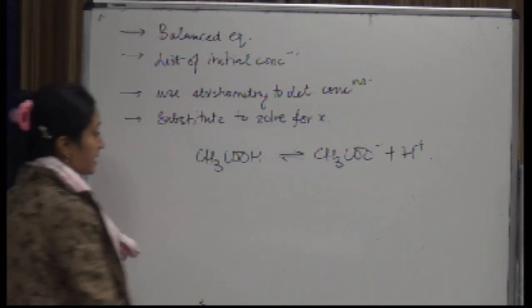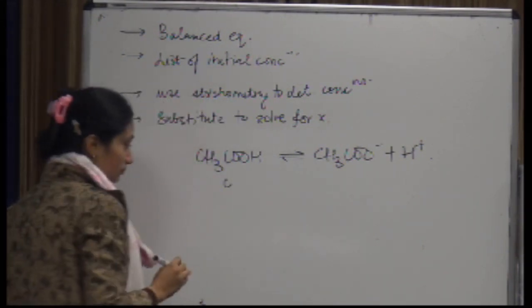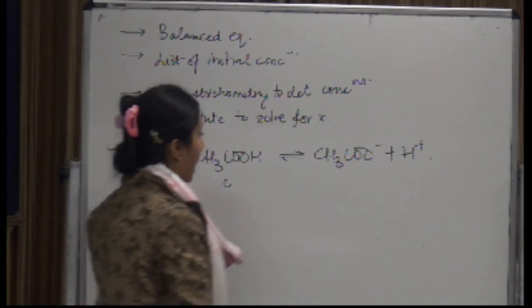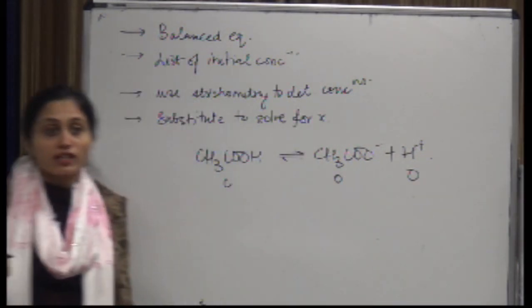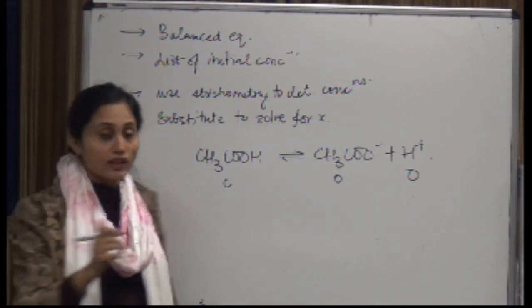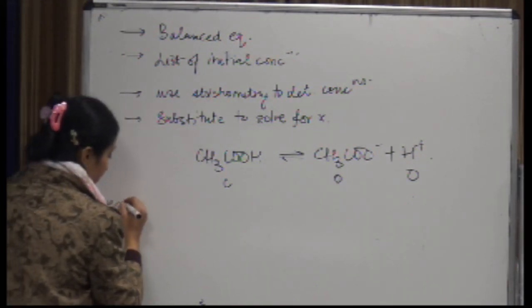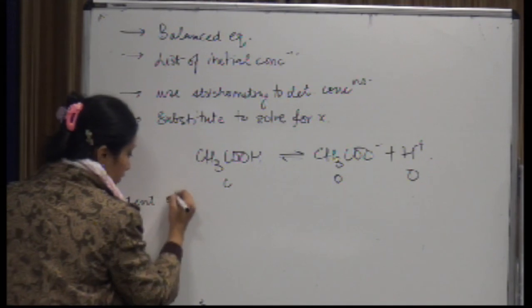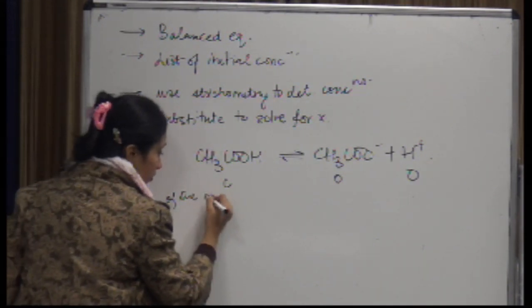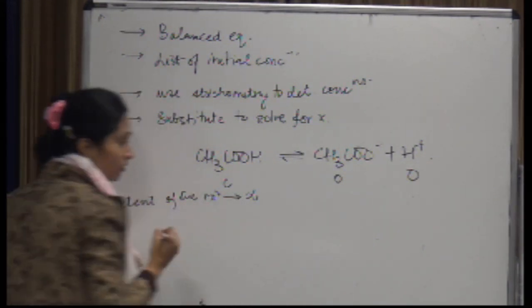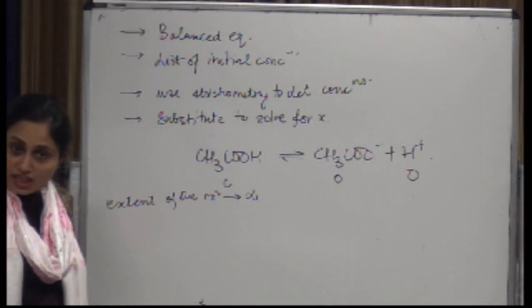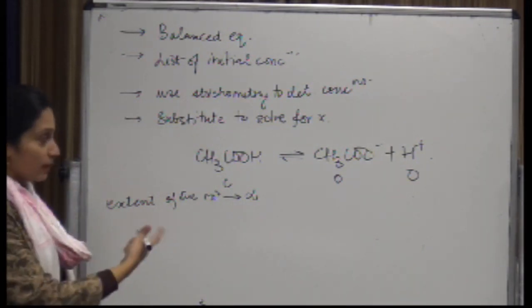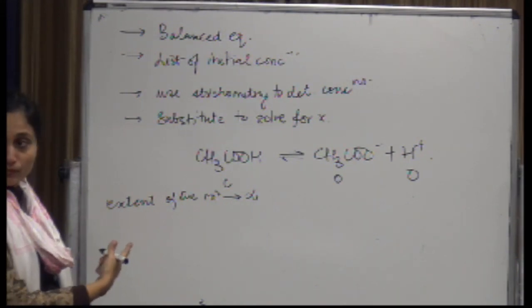Now if C is the initial concentration, and 0 and 0, here I am not talking about the number of moles formed, but rather the extent of the reaction, say alpha. This is how far my reaction has proceeded. I am relating it because this reaction is again in equilibrium.